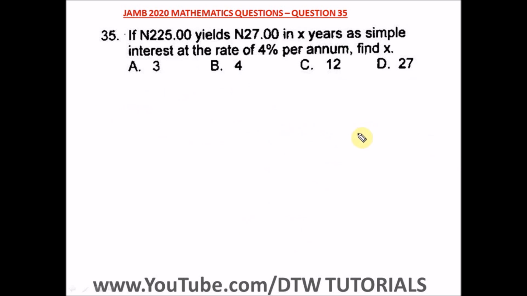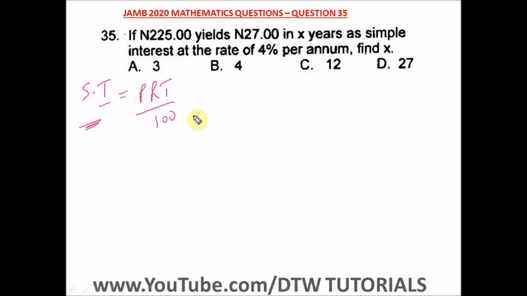Question number 35 says, if 225 naira yields 27 naira in x years as simple interest at the rate of 4% per annum, let us find x. Remember, our simple interest is equal to PRT over 100.